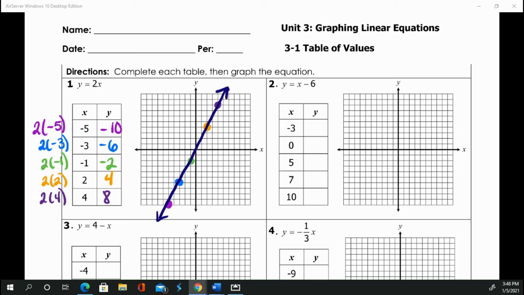Moving on to number 2, we're using the equation y equals x minus 6. When x equals -3, y equals -9. When x equals 0, y equals -6.